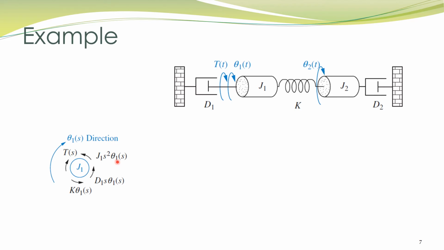So this diagram is obtained by keeping this object stationary and determining all the torques which were acting on this object.